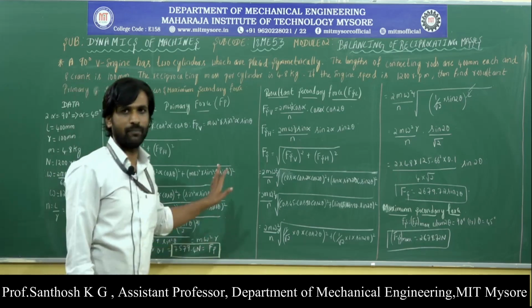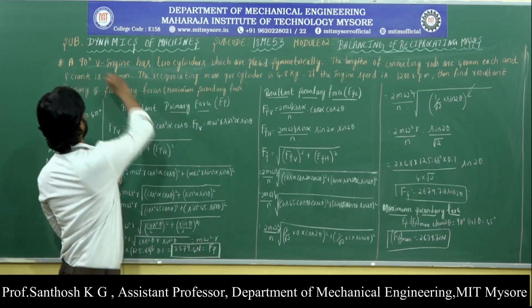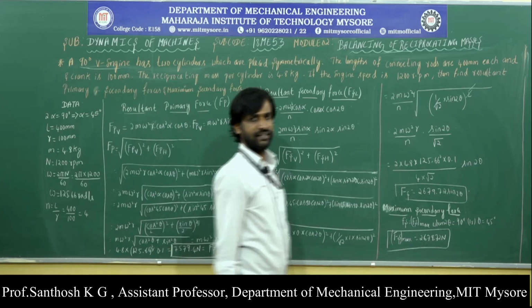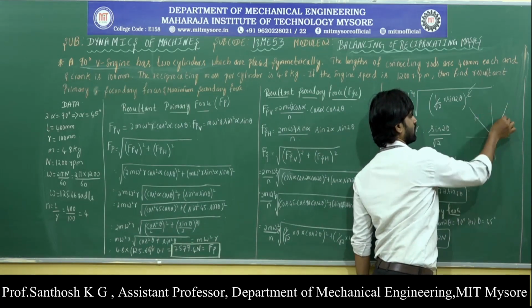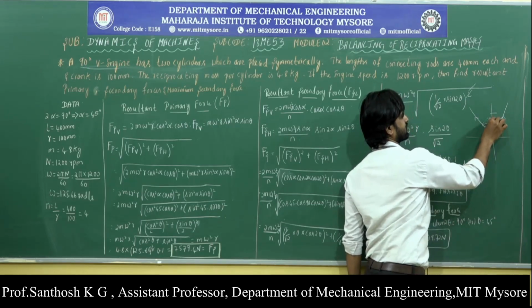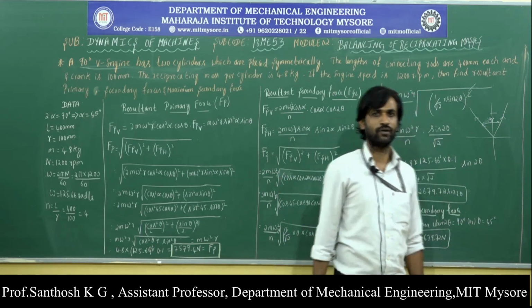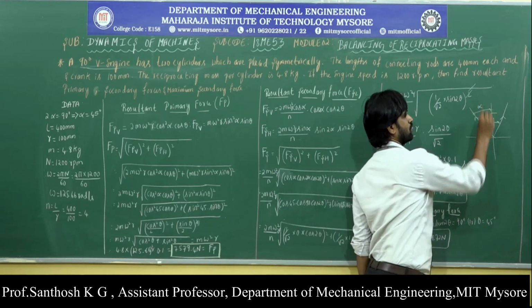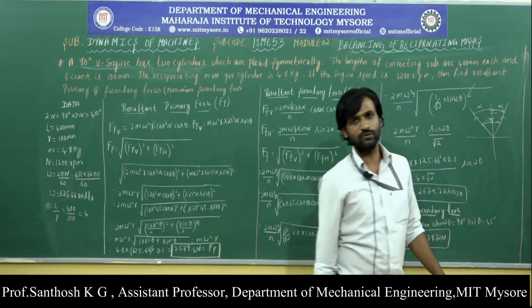By reading the problem, first let us write down the data. We have a 90-degree V engine. The meaning of a 90-degree V engine is that the lines of stroke of the two cylinders make an angle of 90 degrees. But while finding the unbalanced forces in the case of the V engine, we have taken that the line of stroke of each cylinder makes an angle alpha with respect to the vertical.